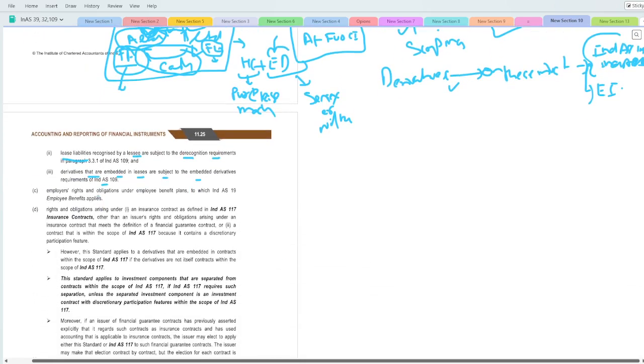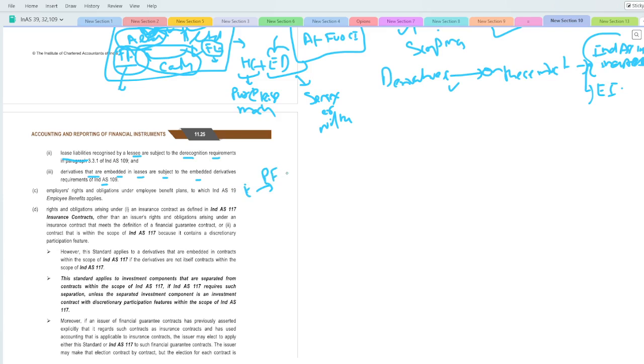Similarly, the employer's rights and obligations under the employee benefit plans, to which Ind AS 19 Employee Benefits applies. This is talking about the employer's rights and obligations. The employer has to pay the provident fund, correct?